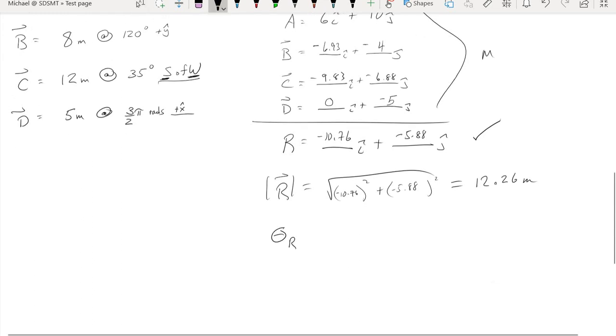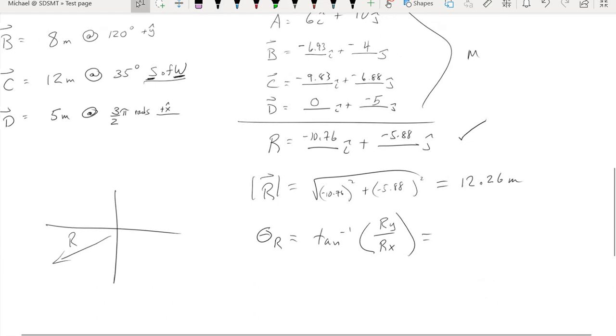And the direction that our resultant vector is pointing. If we look at the components, both of the components are negative. That means that vector R has to be somewhere in the third quadrant. We will plug those values into our inverse tangent. Inverse tangent says R of y over R of x. So if we want to stick with the theme here, it's going to be the y component over the x component.